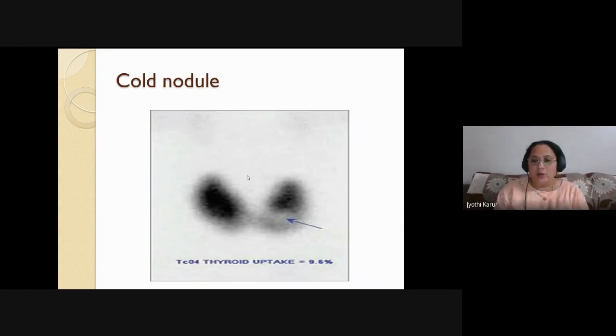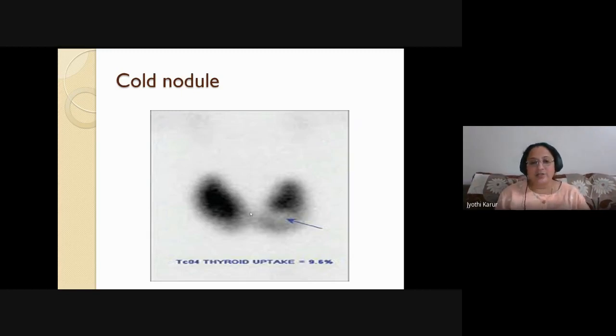If you happen to do a radioactive iodine study, here is the cold nodule. If you have studied the radioactive iodine uptake studies, cold nodules usually indicate probably a malignant focus. So this is a cold nodule in the left lobe of thyroid, so probably this could be papillary carcinoma.